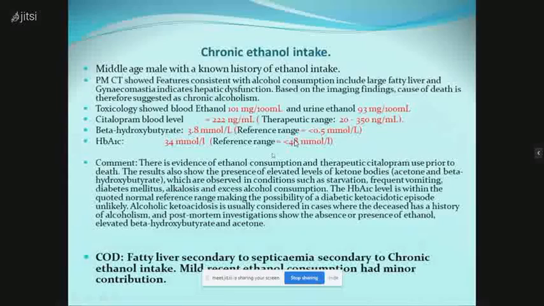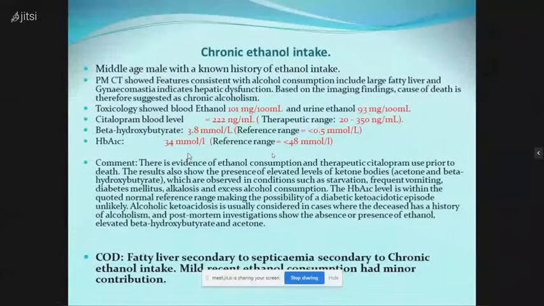So what we have here is beta hydroxybutyrate, and this is evidence of in relation to therapeutic citalopram that has been used prior to death, and the patient developed after that or during life course septicemia, and we found the cause of death in that.